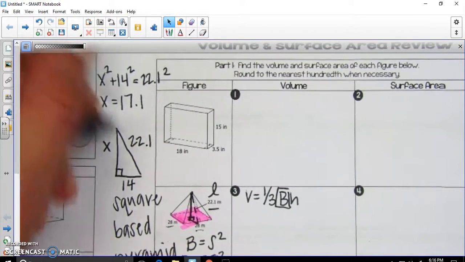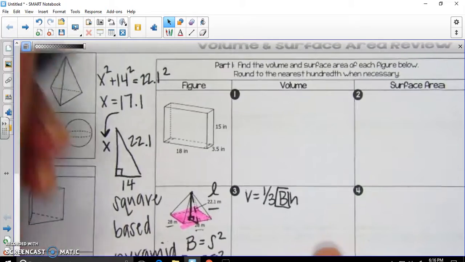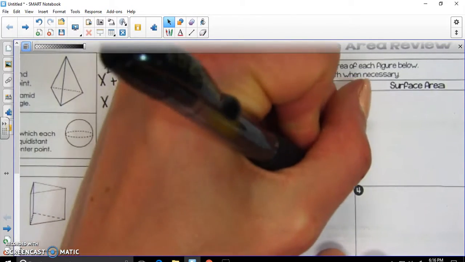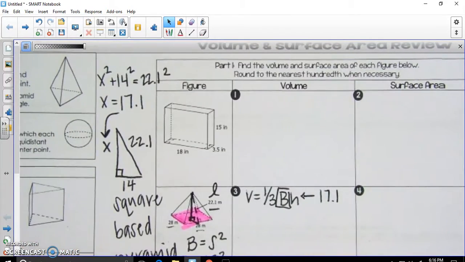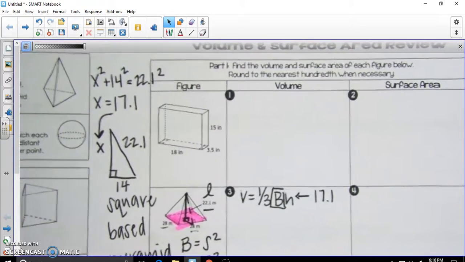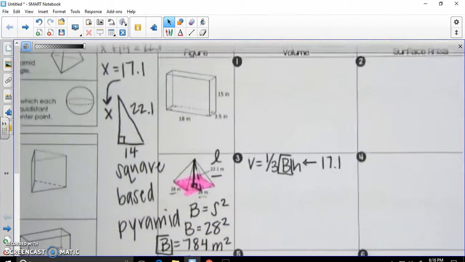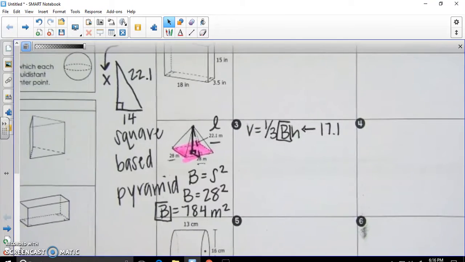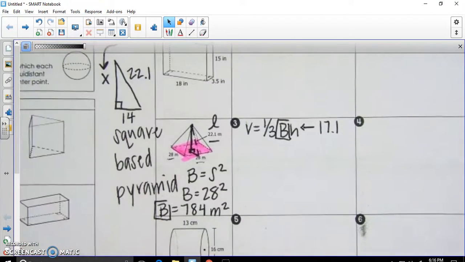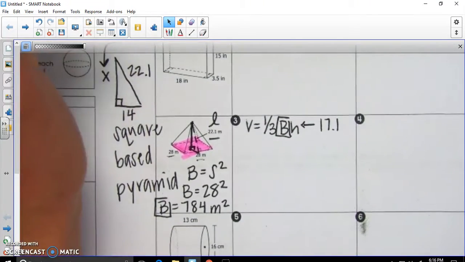So this is the height of our pyramid. In previous years, maybe in 7th grade or 6th grade, they've given you the height, but now that we're in geometry, we use what we know to find it. So that's why they didn't give it to us. We got to get a little bit of a challenge.